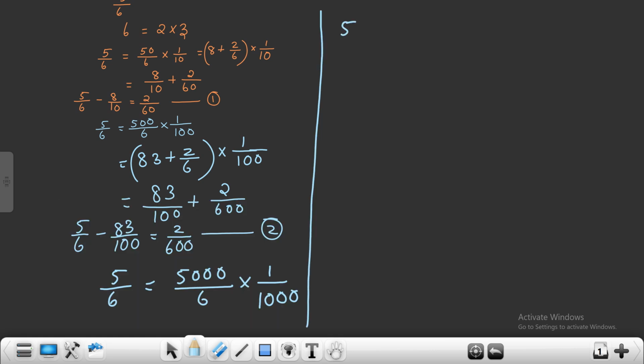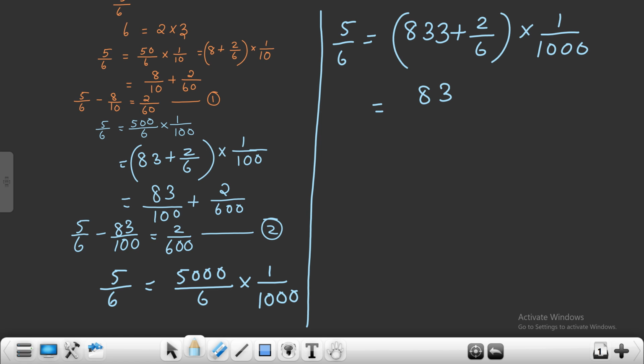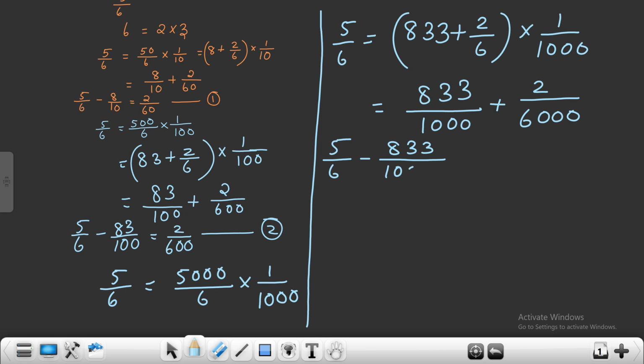That is 833 plus 2 by 6 into 1 by 1000 is equal to 833 by 1000 plus 2 by 6000. As in the above step, 5 by 6 minus 833 by 1000 is equal to 2 by 6000. This is our third step.